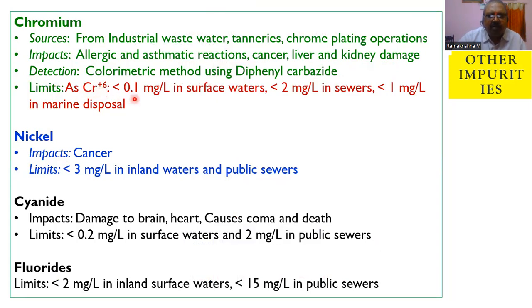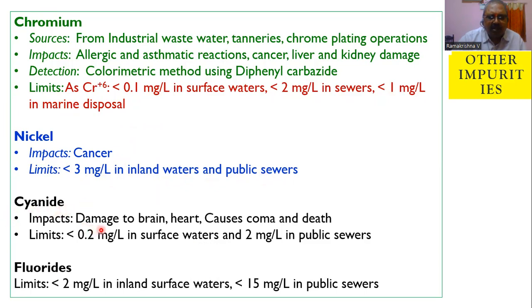It should not be more than 0.1 milligram per liter in surface waters, less than 2 milligram per liter when disposed in sewers, and less than 1 milligram per liter under marine disposal. Nickel, which produces cancer, should be less than 3 milligram per liter in inland waters and public sewers.